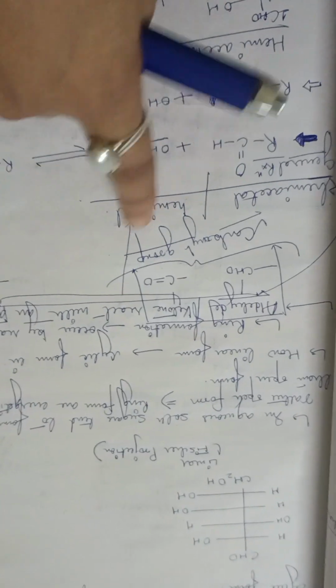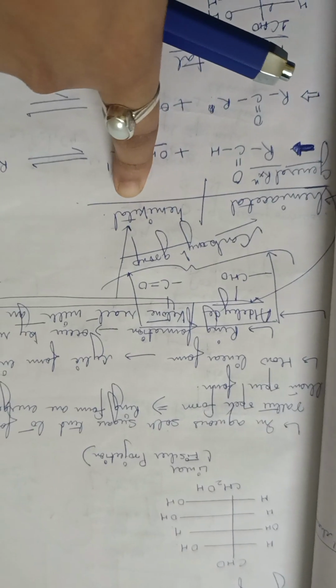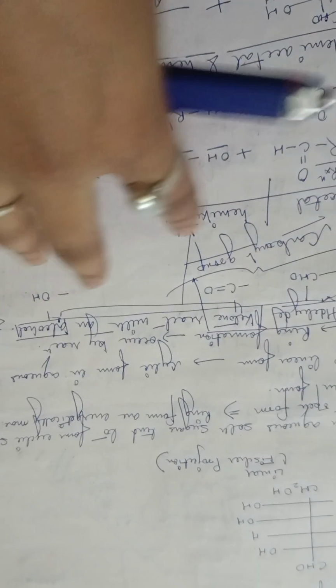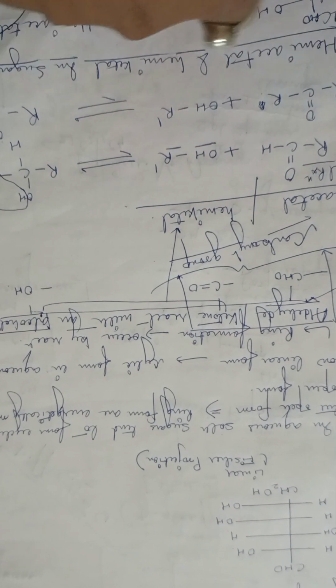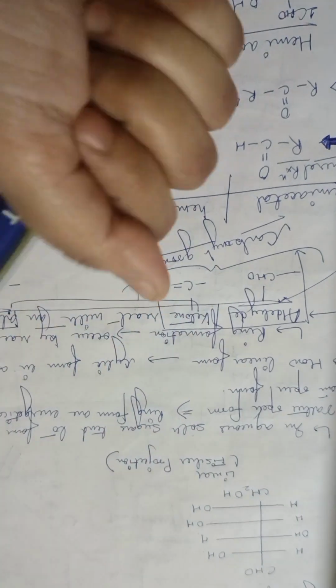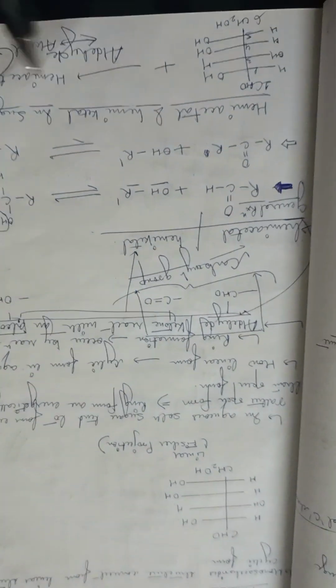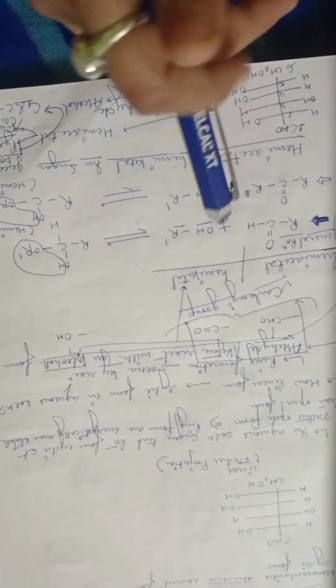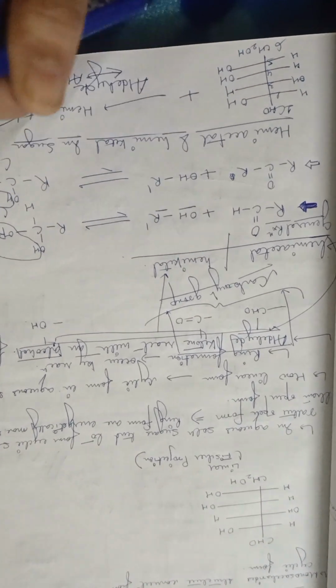to form hemiacetal or hemiketal. You can see, this is how anomers are formed. Now I'm just explaining, then I will draw by hand and show you. These two are the reactions of how anomers are formed.